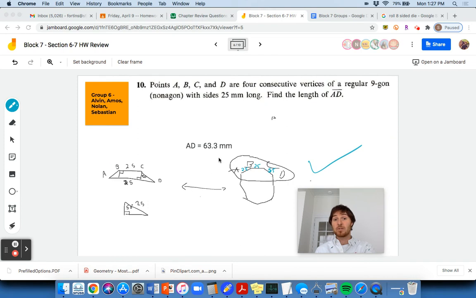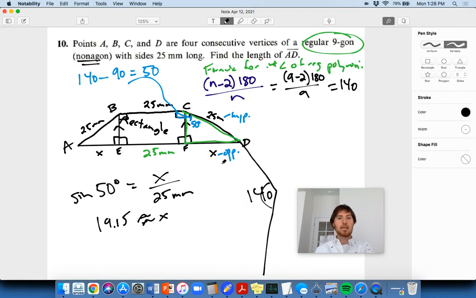How did they get that? Well, we've got to add on that other 19.15, since this is x here too. We've got to get what this whole thing is. This is AD, what we're trying to solve for in this one. This is 19.15 right here, and this is 19.15 right here.